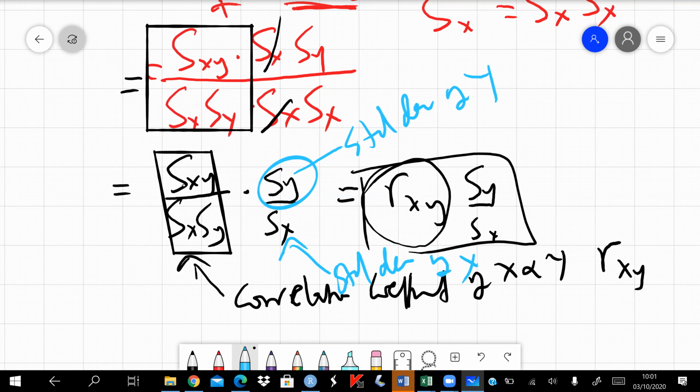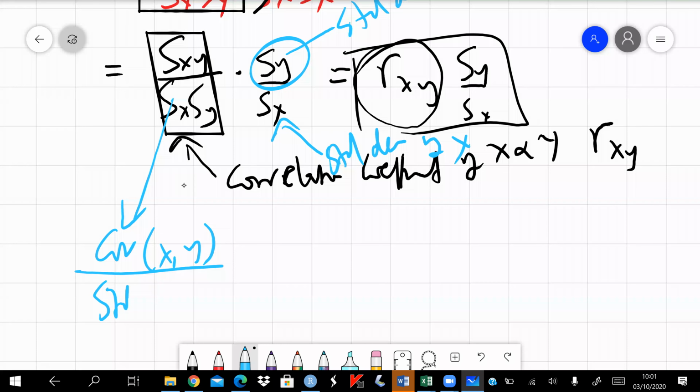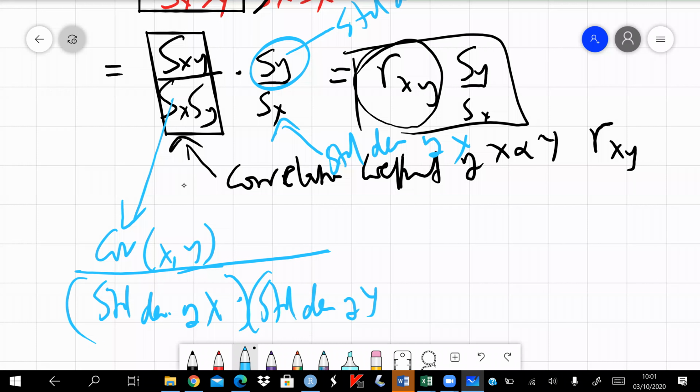Okay. So actually, if I were to write this in full, this is the covariance of x and y divided by the standard deviation of x, multiplied by the standard deviation of y. And that's the correlation.